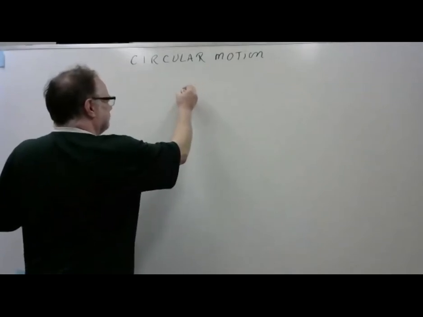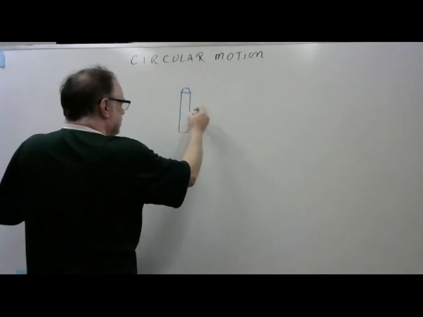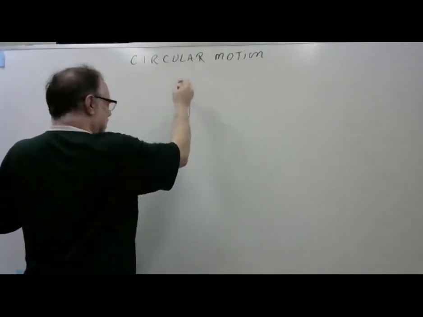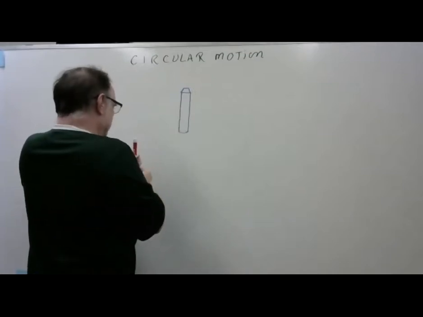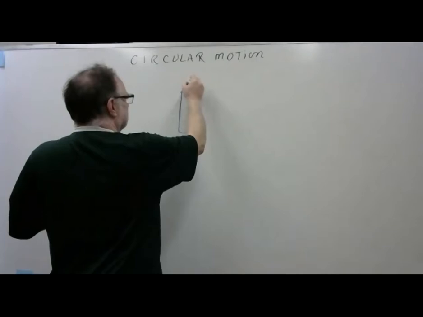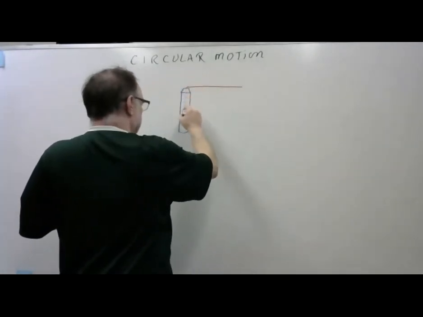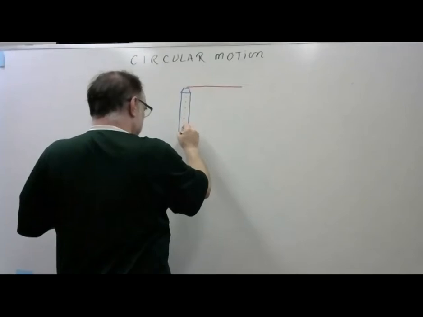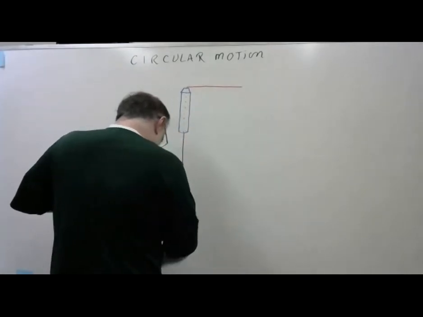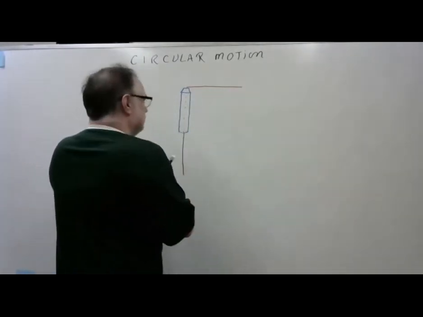So I have a little tube here. The tube is made out of material so that there's less friction with the string. So we're going to have a string. On the end of the string will be a cork.